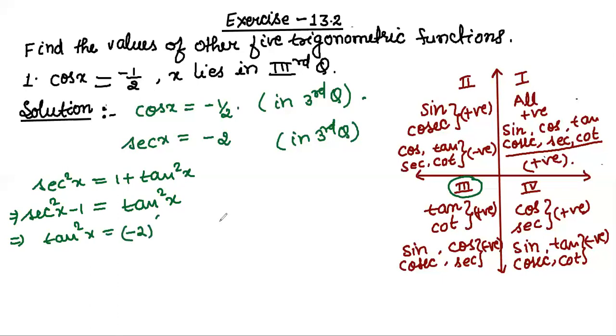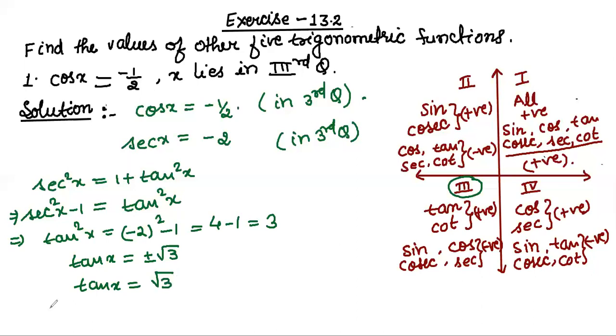So this is 4 minus 1, which means 3. So tan x will be plus minus root 3. But we know that in the third quadrant tan is positive. So we can write tan x equals plus root 3.